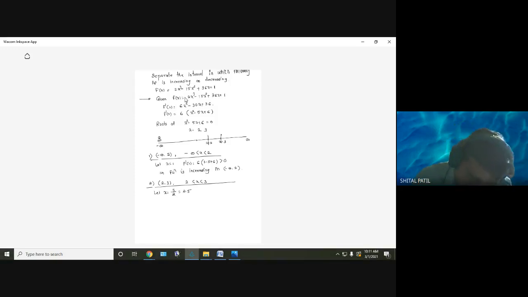So f dash of x equal to 6 into x square, so 25 by 4, minus 5 into x, 5 by 2, plus 6. You can use calci for this. Can anyone tell me what the answer is? Use calci and tell me the answer.